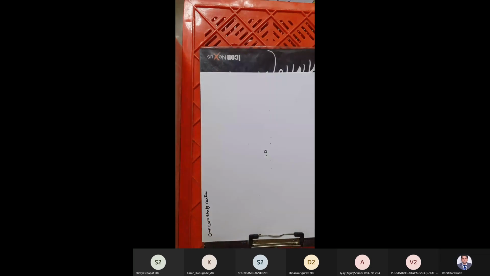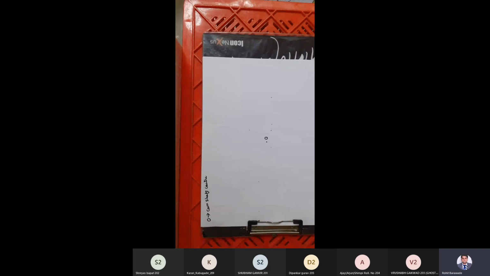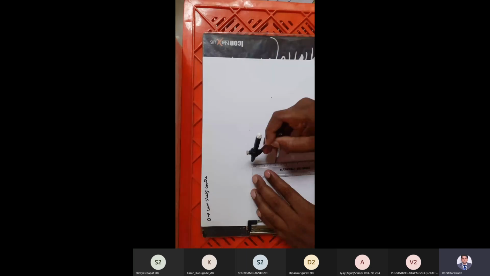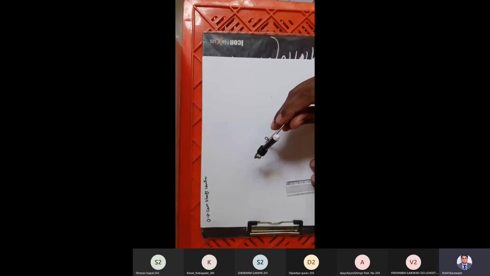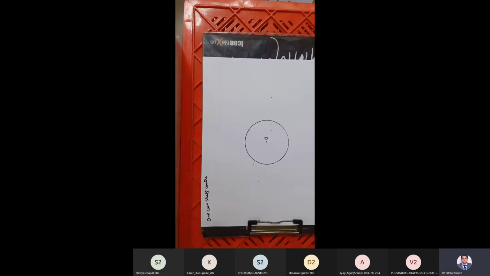Then first, always we have to draw a base circle. Always. So base circle is for 40 mm. Okay. So I will draw a base circle first. This is a representation of a base circle.